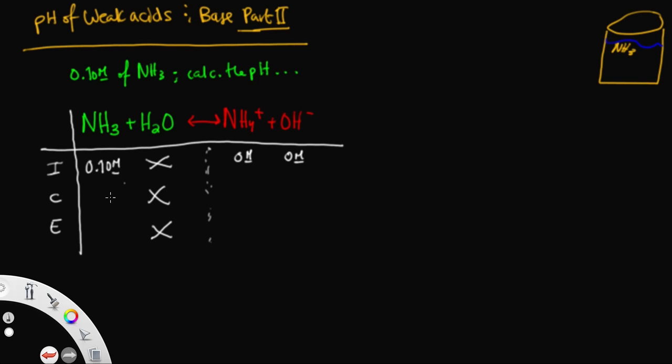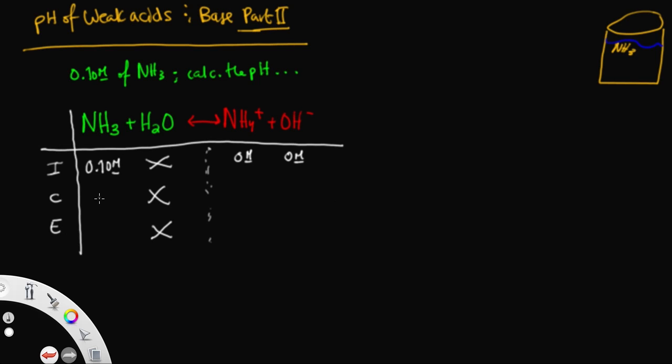Now, we have to understand what the change is going to be when the reaction is taking place. So as the reaction is taking place, we're going to be producing more and more product. We're going to be producing more and more ammonium and more hydroxide, and we're going to be having less and less ammonia because the ammonia is going to be reacting with the water to create the product.